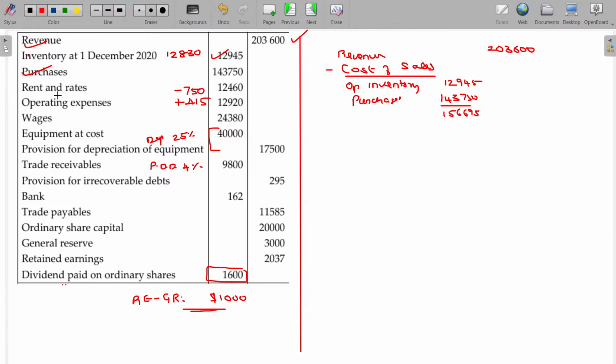Find out if there is any carriage in. No carriage in, so from there closing inventory will be subtracted. Closing inventory, which is 12,830, and this ultimate value being 1,43,865. So the gross profit is 59,735.